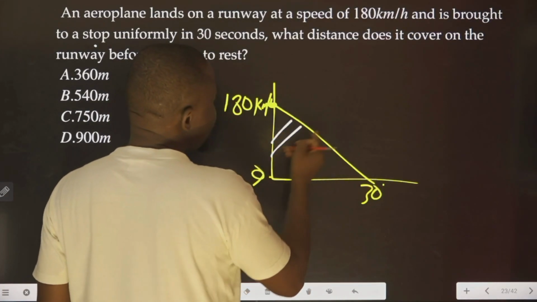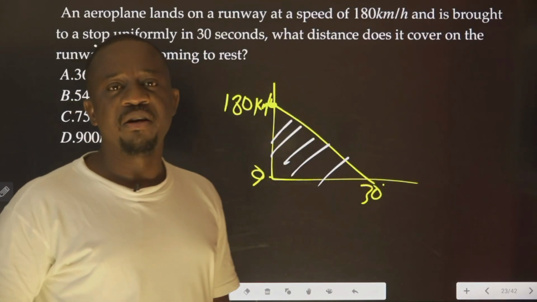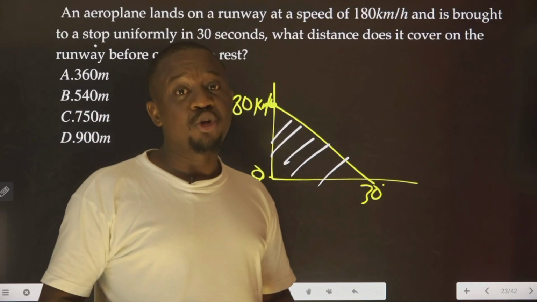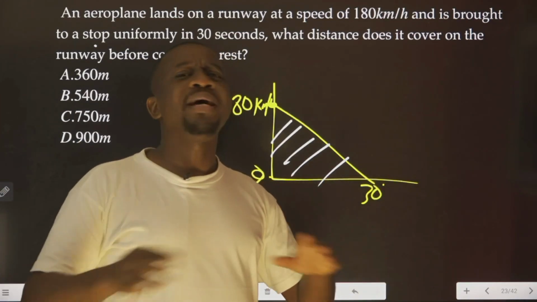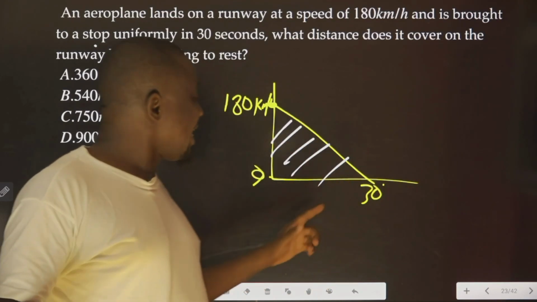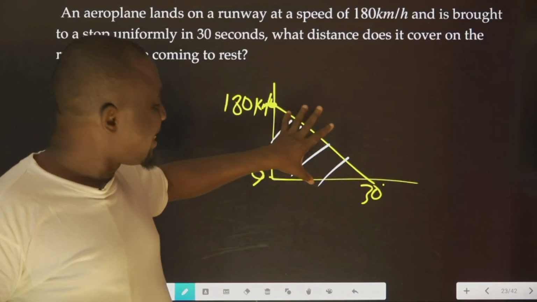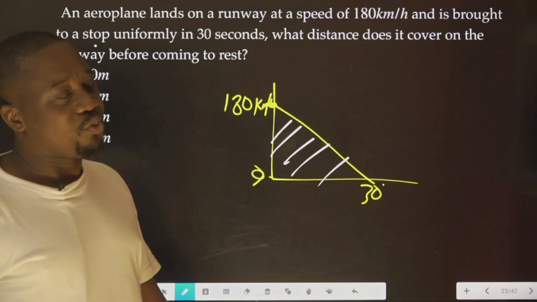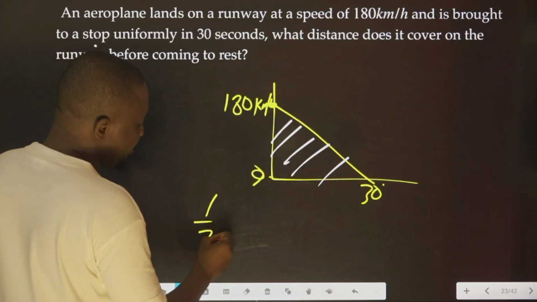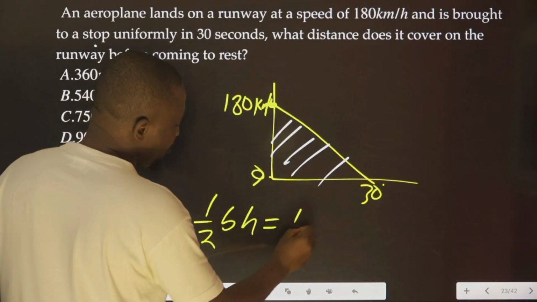As I always say, if you have watched my video on speed, velocity, distance, acceleration on my YouTube channel, a very long video, I explain everything. So many questions. You understand that the distance is the area under the graph. So the area of this triangle, which is half base times height, is 1/2.